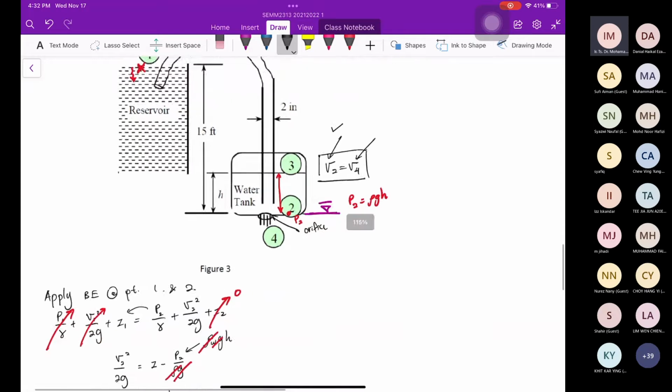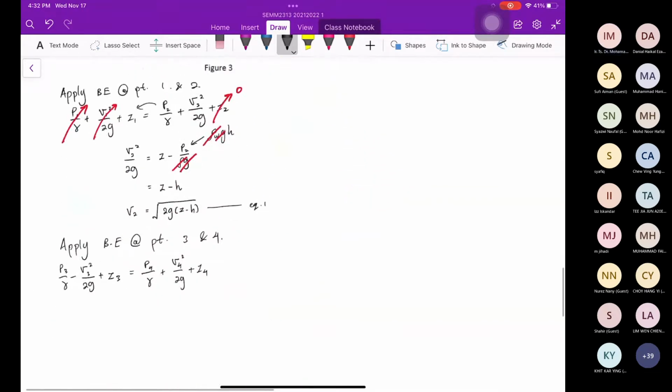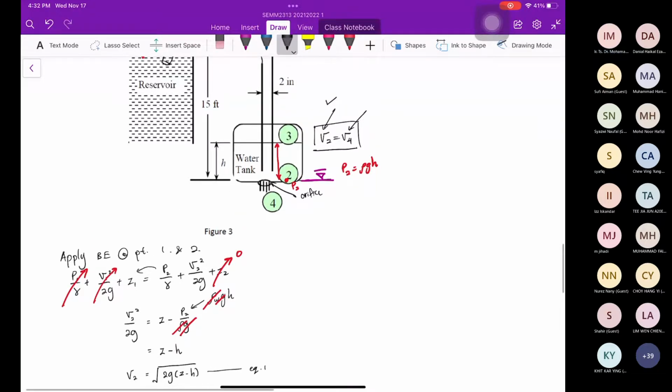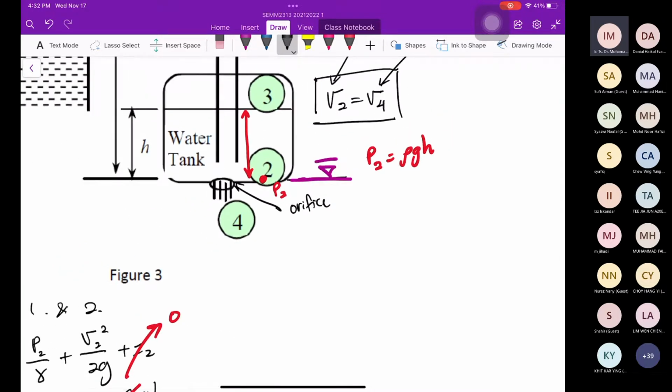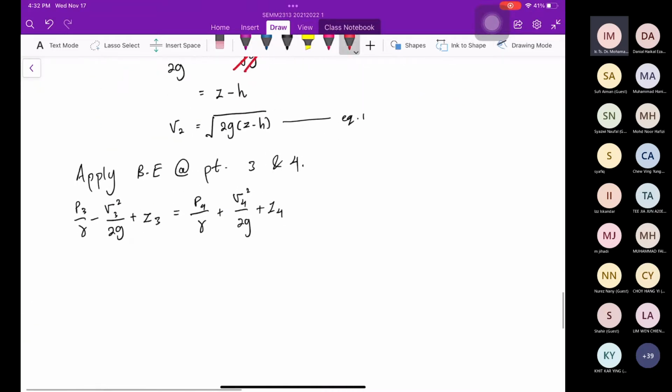We notice that point 2 and 4 are almost at the same level. So Z4 is here, equal to 0. It is at the reference line. So Z4 cancels.